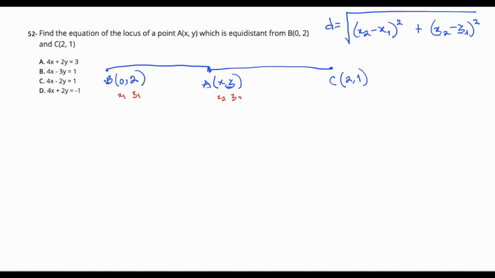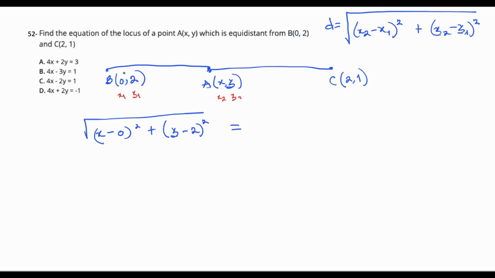So the distance between points B and A is the square root of our x2, which is x, minus our x1, which is 0, all squared, plus our y2, which is y, minus our y1, which is 2, all squared.